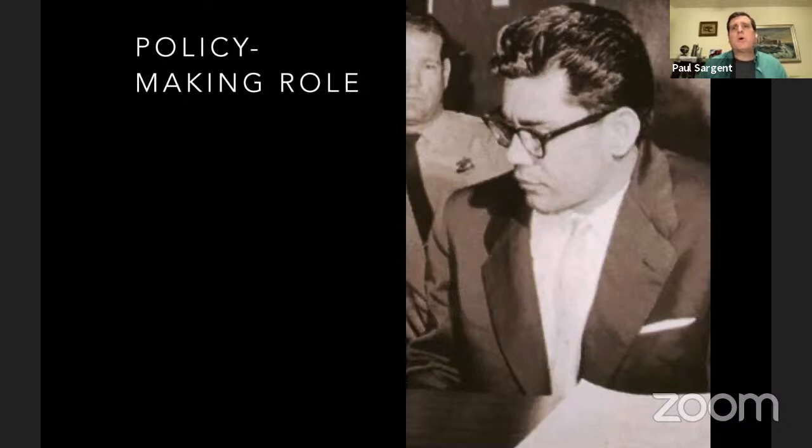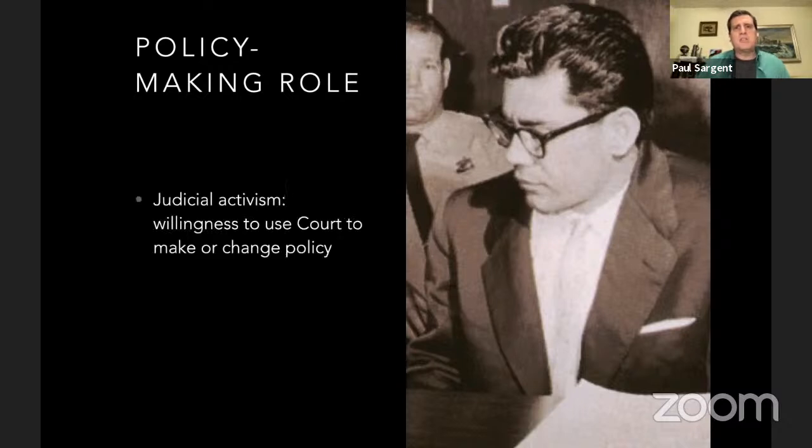Now, if we're looking at government as a way to make policy, you have to understand that the federal court system also has its own role here. And really, there are two kinds of views of what the court system does in terms of policymaking. One is the idea of judicial activism. Activist judges see themselves as a third policymaking branch of government. Not all the time, but certainly it's there when needed.